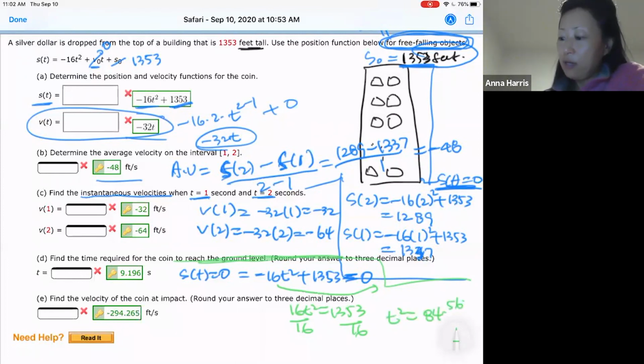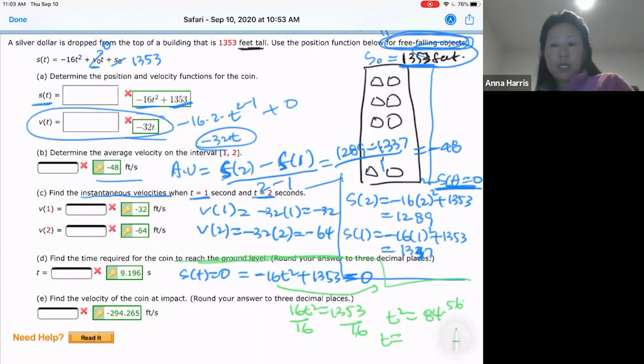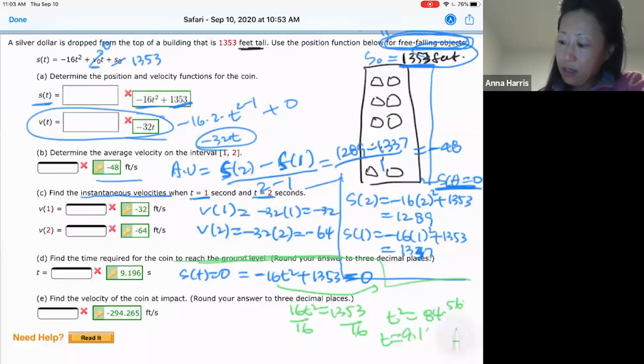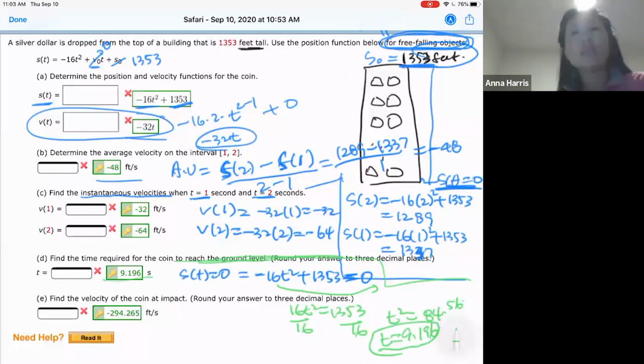And I'm going to take what? The square root of that. I get 9.196. I will use only the positive one. Remember, time is only positive. So that's why you have that.